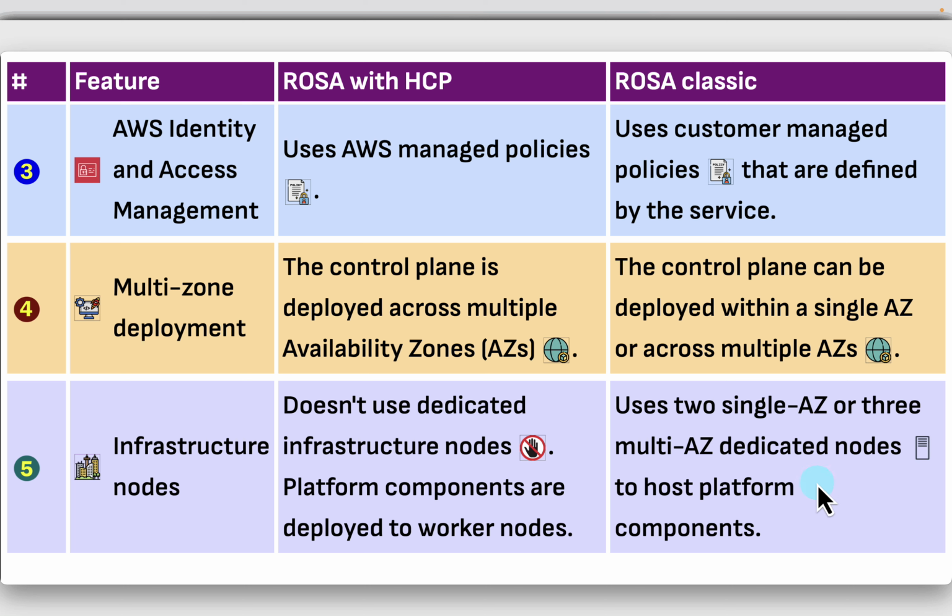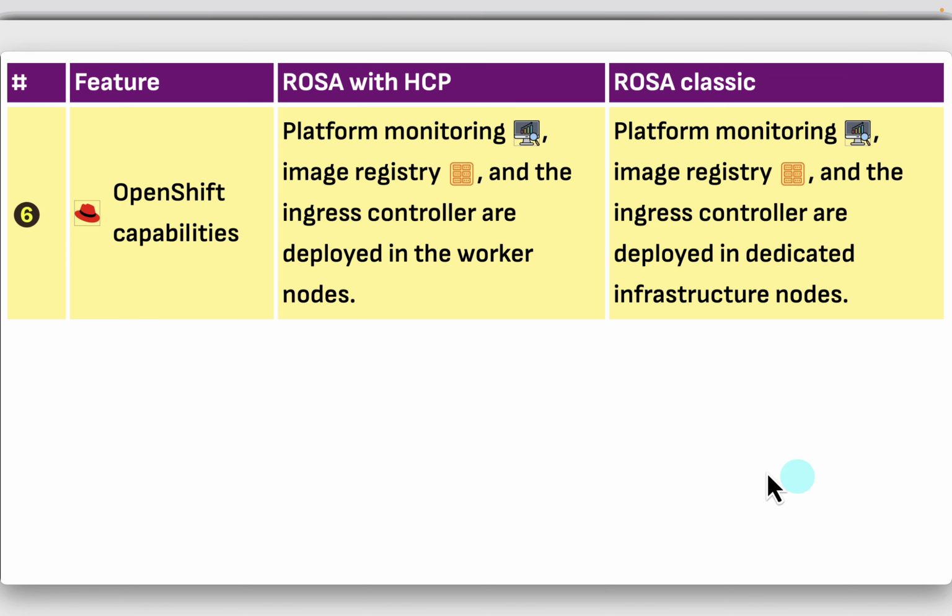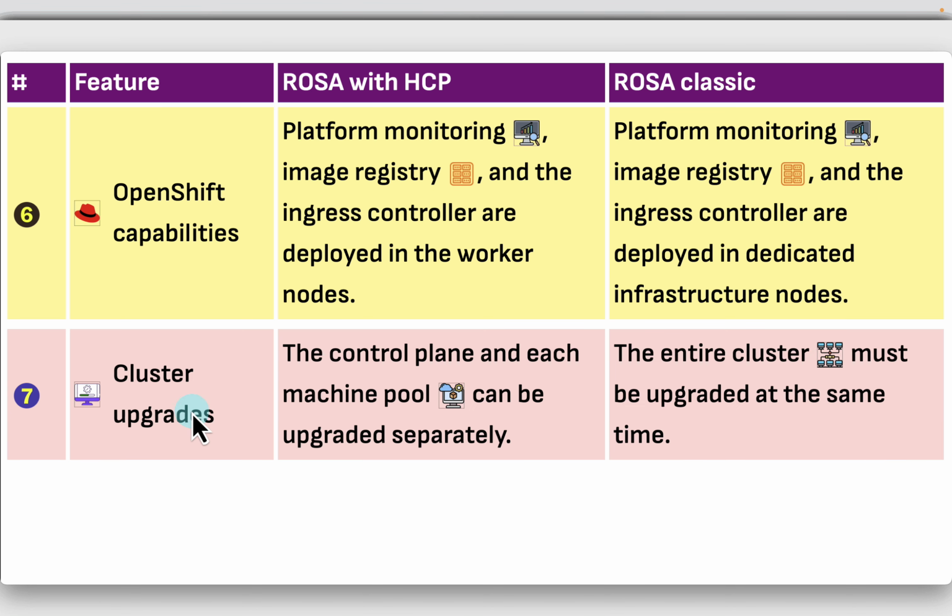This one is control plane specific. And OpenShift capabilities. These are the capabilities for hosted control plane. Platform monitoring, image registry and the ingress controller are deployed in the worker nodes. For ROSA Classic, platform monitoring, image registry and the ingress controller are deployed in the dedicated infrastructure nodes. Cluster upgrades. The control plane and each machine pool can be upgraded separately.